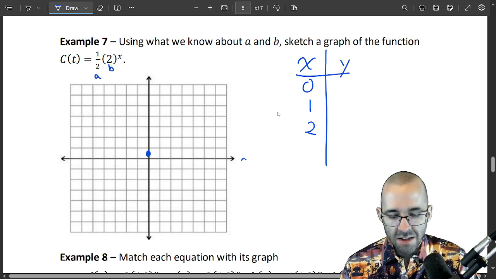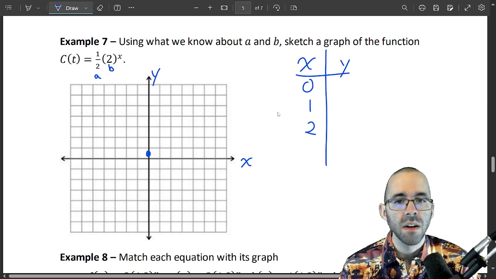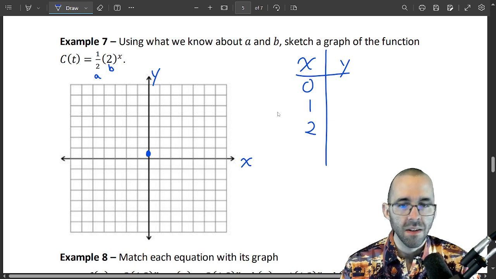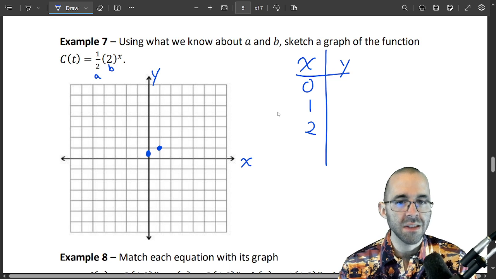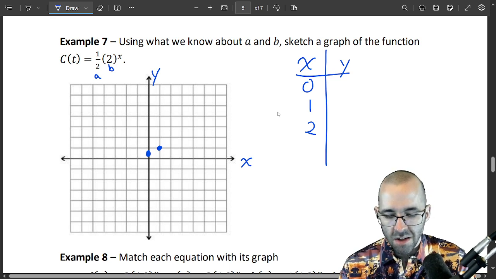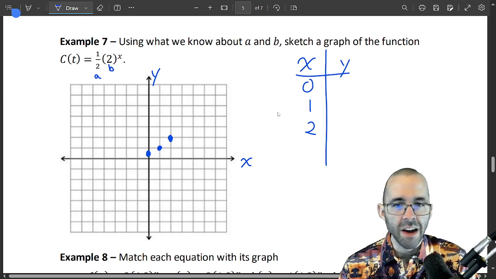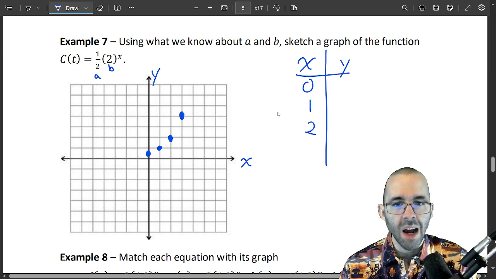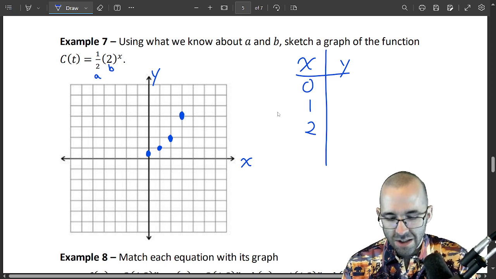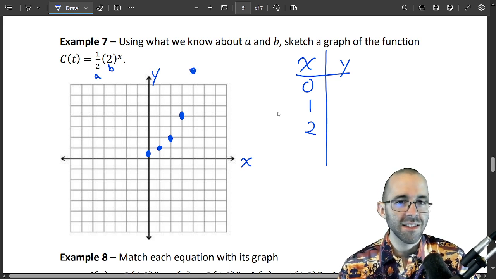That means every time x increases by 1, we're doubling. We started at 1/2, increase by 1, we're doubling to positive 1. X increases by 1, we're doubling. Now our y value is 2. X increases by 1, we're doubling. Now our y value is 4. X increases by 1, we're doubling. Now our y value is 8, and so on.